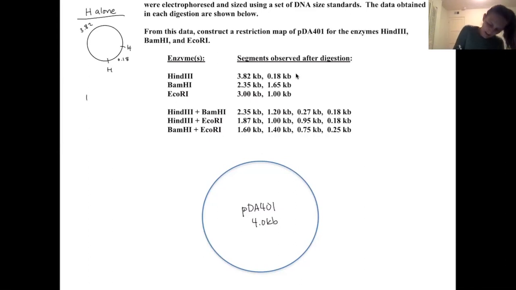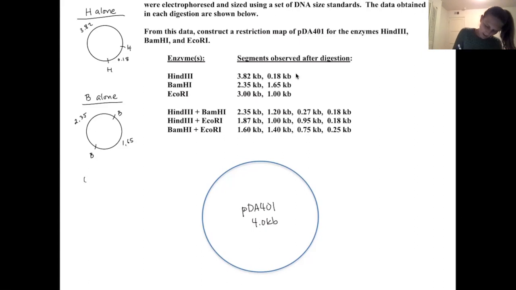We know that BAM alone is also going to have 2 cut marks, right? And those are going to give us, so these are 2 BAM sites, and it's going to give us a 1.65 piece and a 2.35 kilobase piece.